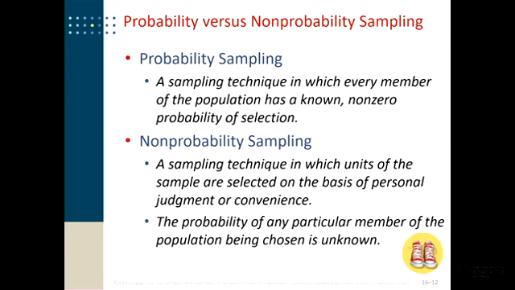Try to be random means that each sampling unit has a known or equal chance of being selected. So it's not perfectly random all the time, but we try to implement some degree of randomness so that each and every element of the sampling unit has a known or equal chance of being selected.